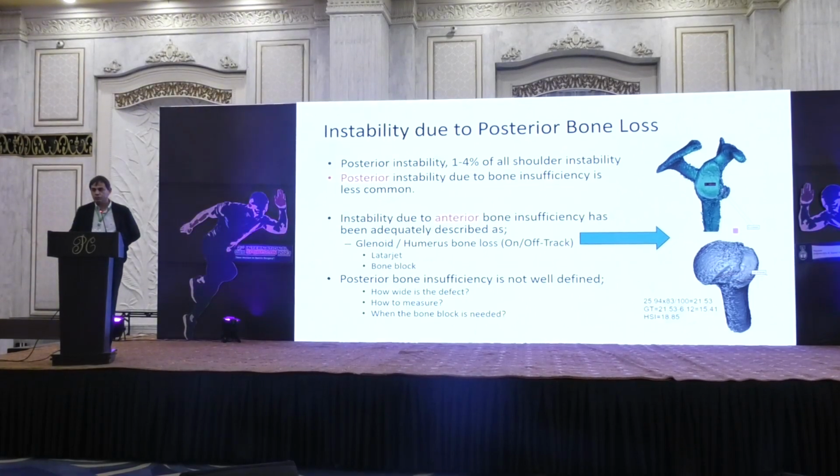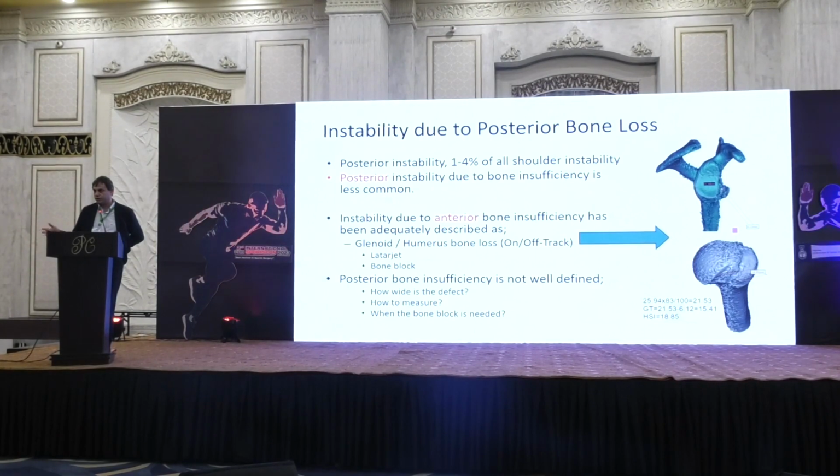Posterior instability of the shoulder is not seen as much as anterior instability. It's about 1 to 4%. You can frequently see posterior labral lesions with anterior labral lesions.